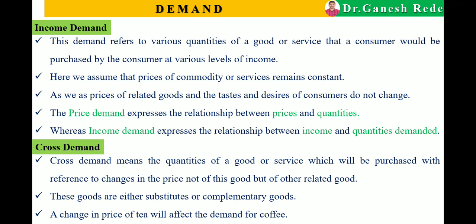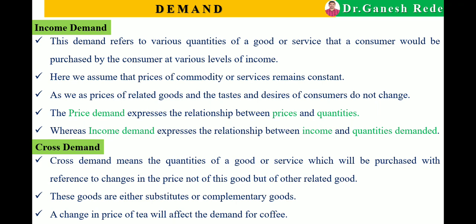As we know, in the market there are some goods we purchase in pairs, or there are some goods which are substitutes for each other. Suppose I take the example of tea and coffee. They are substitutes or they may be complementary to each other.